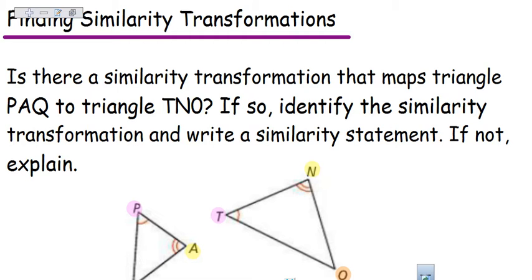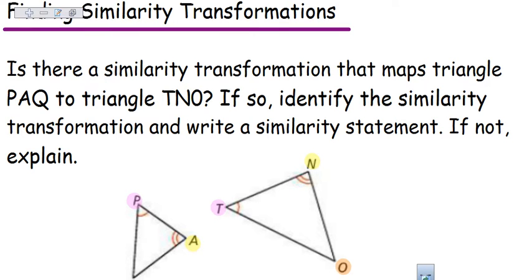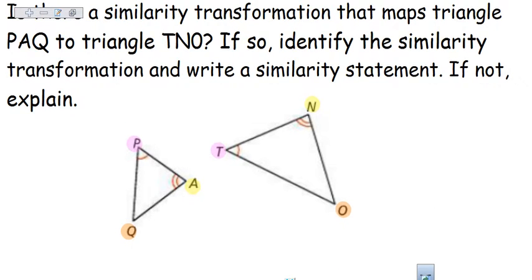In the next example, finding similarity transformations: is there a similarity transformation that maps triangle PAQ onto TNO? If so, identify the transformation and write a similarity statement. Our choices again were SSS, AA, and SAS similarity.